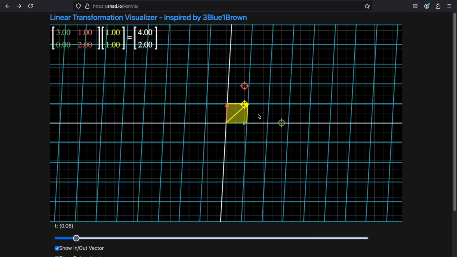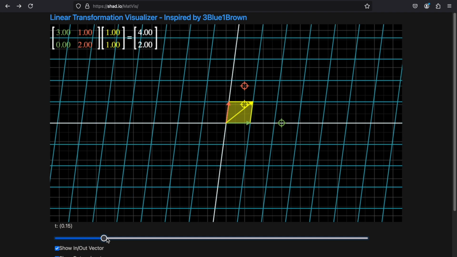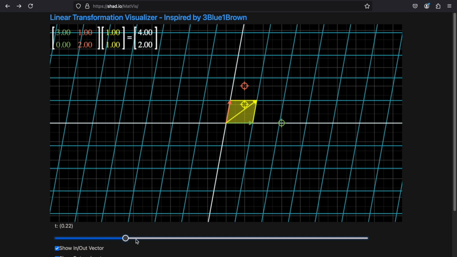These are the original input vector space, and the blue grid is the transformed vector space. I am moving the slider slowly, and you will see how the gray grid lines in the background are getting transformed.